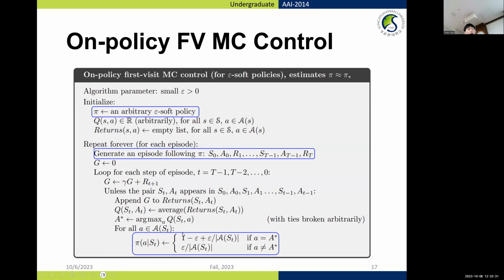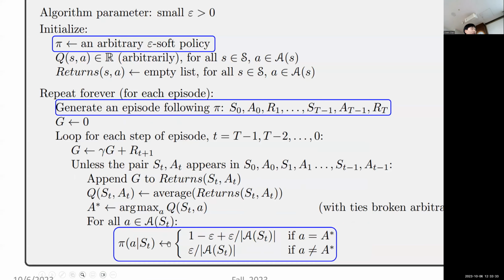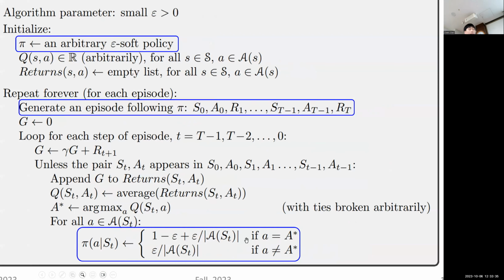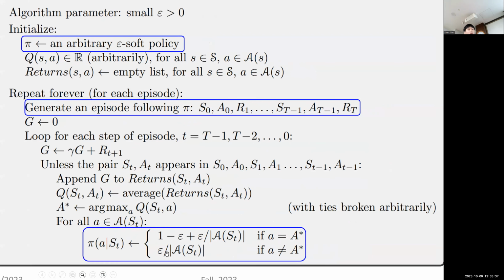So we put this action selection based on some probability. If it's not the greedy action, then we assign the equal probability to those non-greedy actions. If it is the greedy action, then we use the opposite side, 1 minus epsilon plus the average probability for each non-greedy action.